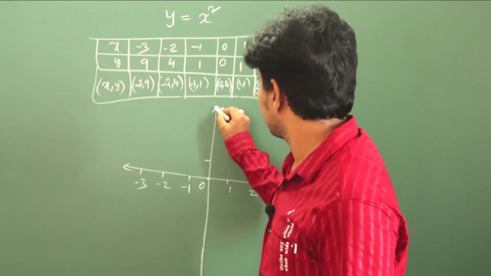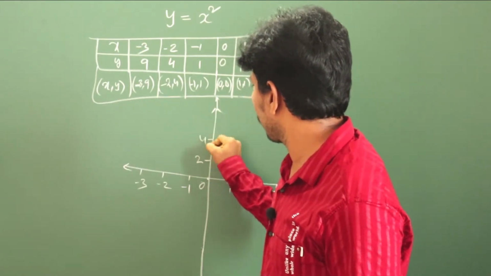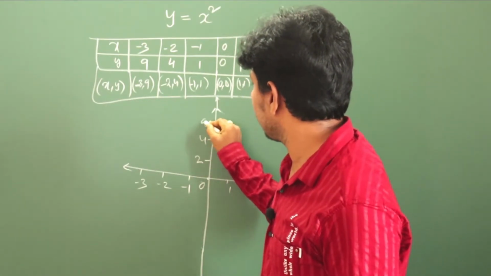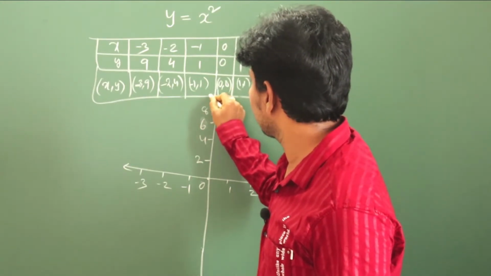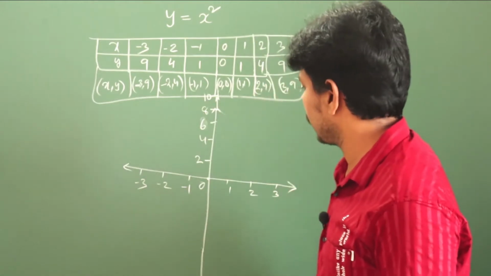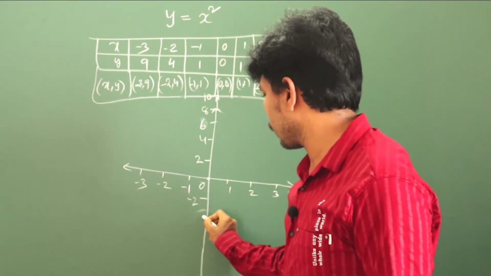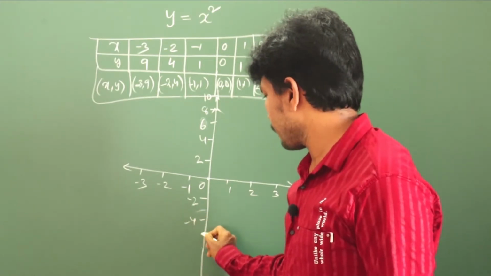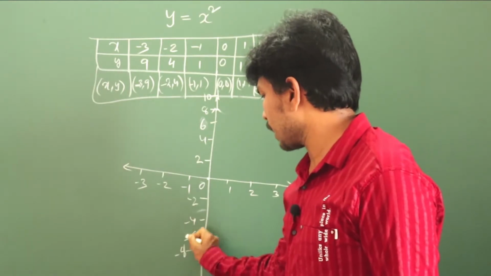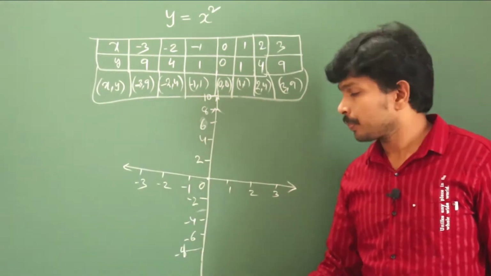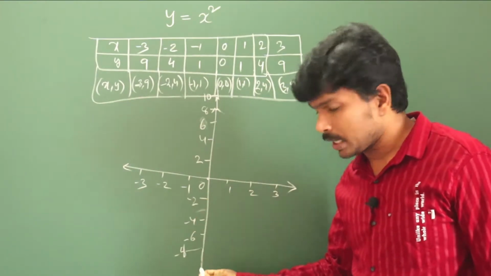Yes sir, take 2 units: 2, 4, 6, 8, 10, like that we'll get. Here minus 2, minus 4, minus 6, minus 8. So these are the negative y-axis, whose values are like this.